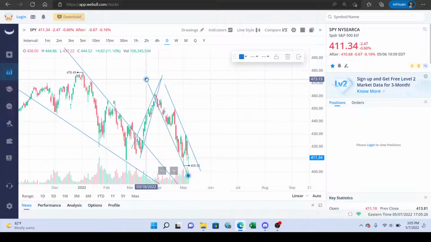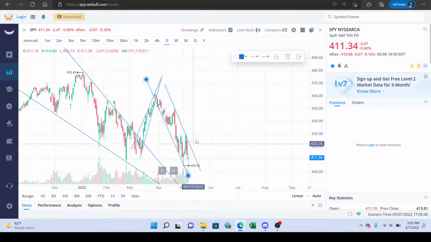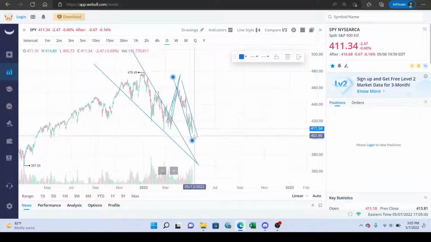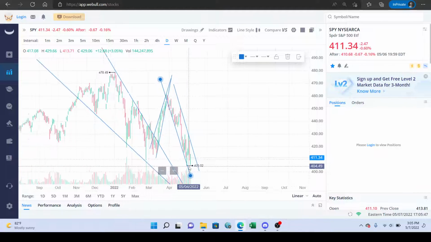Now, a downtrend channel is essentially when we're not in a wedge like this. It's just going straight up, straight down, straight up, straight down in this channel, in a rectangular pattern. So to me, these are a little bit more dangerous, but this could turn into a wedge.